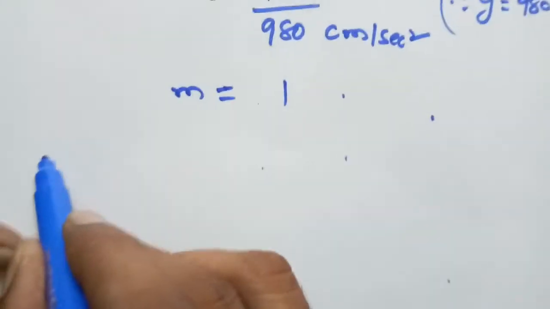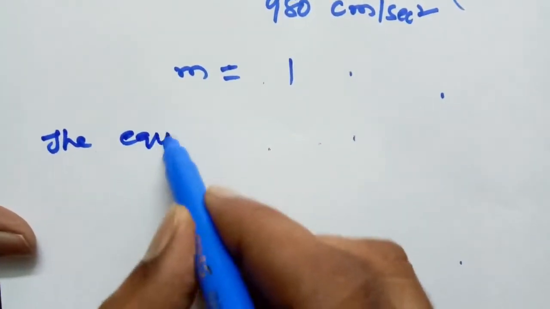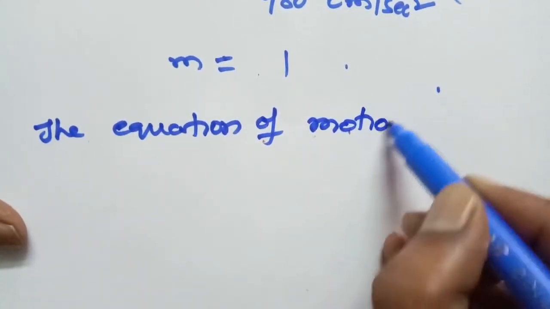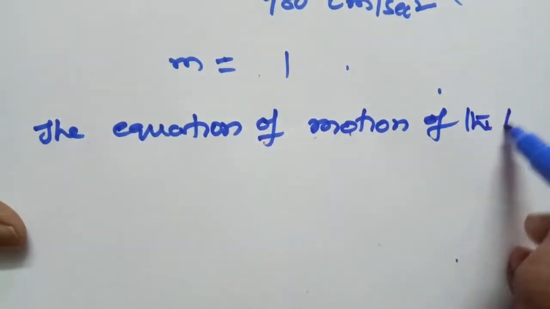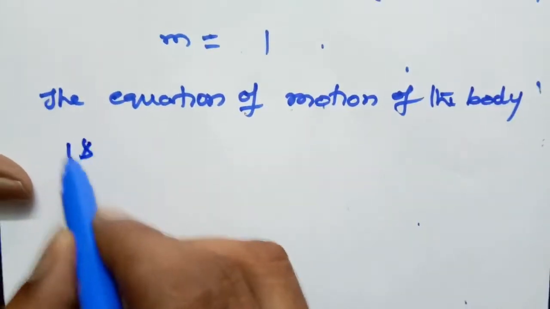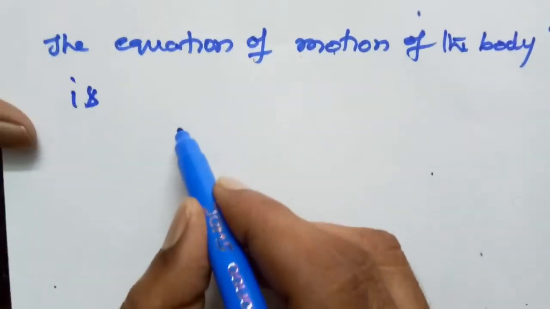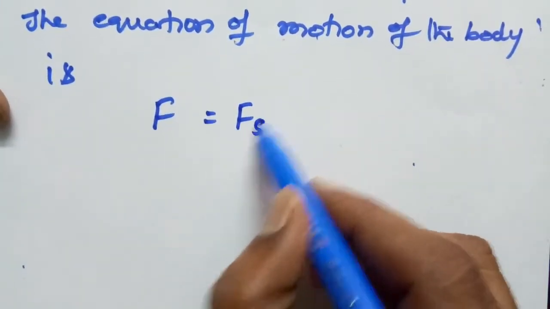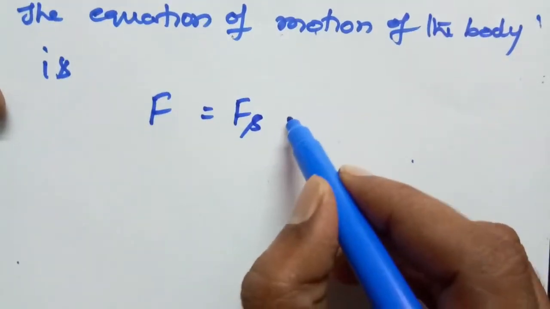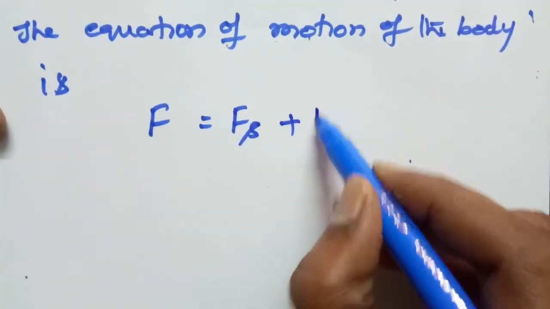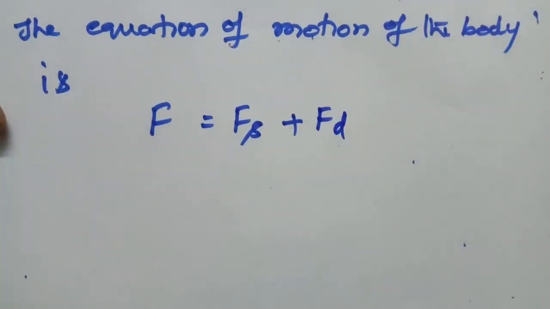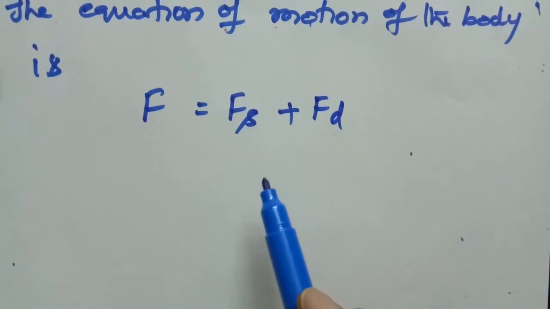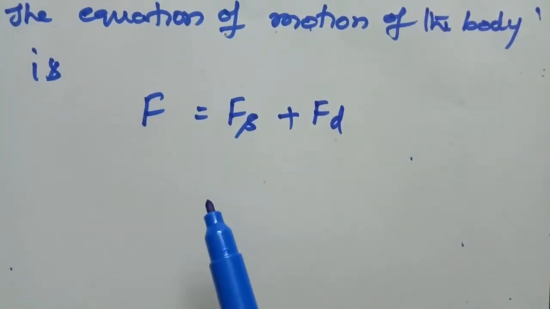Now, the equation of motion of the body is: net force F is equal to, by Hooke's law, spring force F suffix S plus damping force F suffix D. Here the damping force is given in the problem, 1 by 10 into dx by dt.